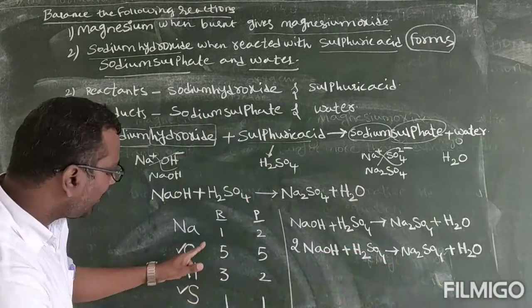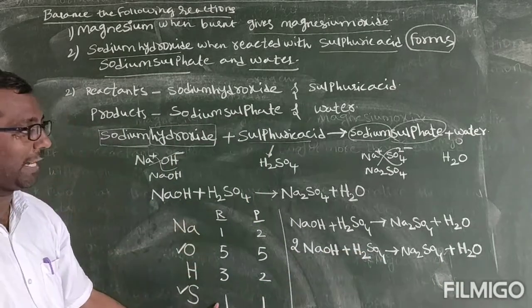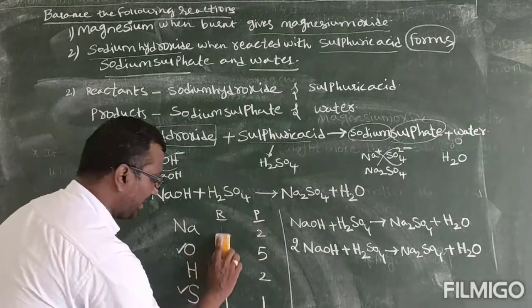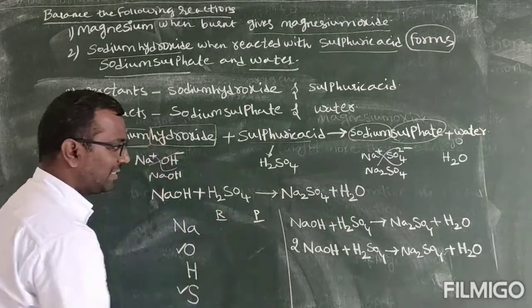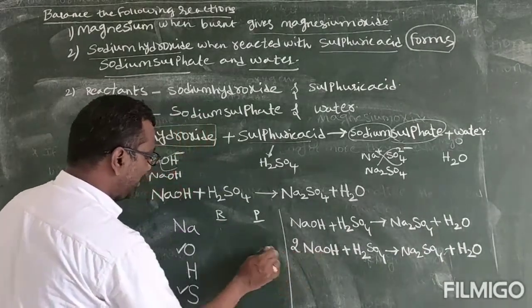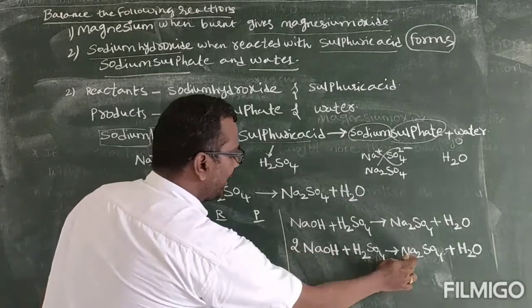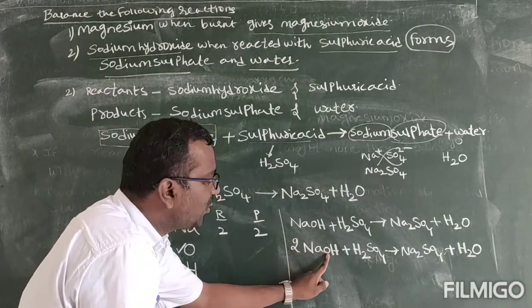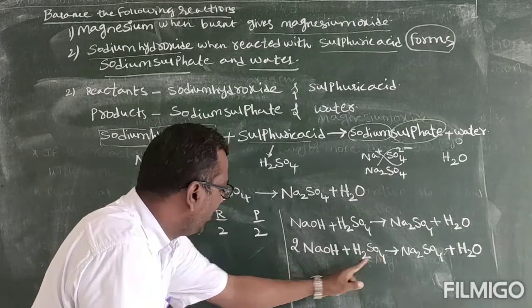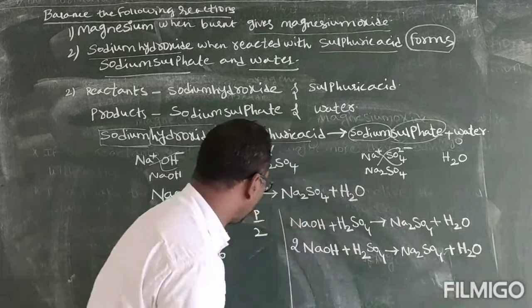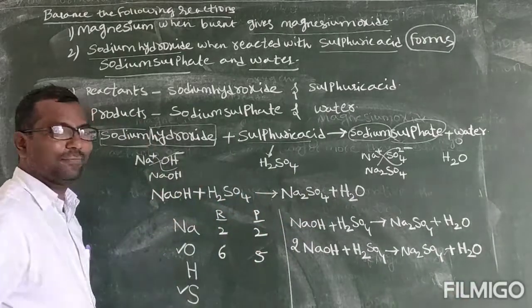Again I have to write these reactants and products. So I will first start for this equation. Sodium, how many are there? 2. Product side 2. Oxygens now: 2 into 1 is 2, plus 4, 6. Here 4 plus 1, 5 only.